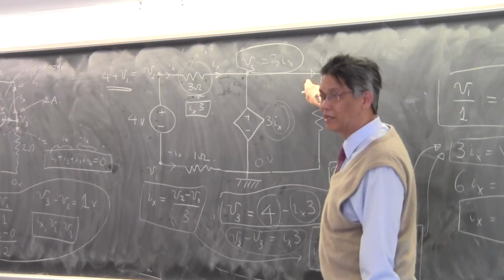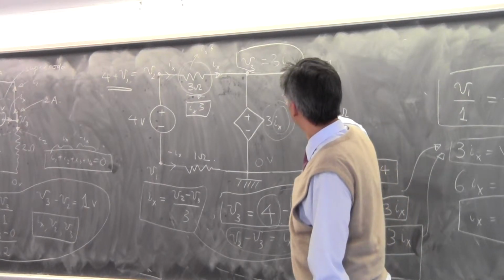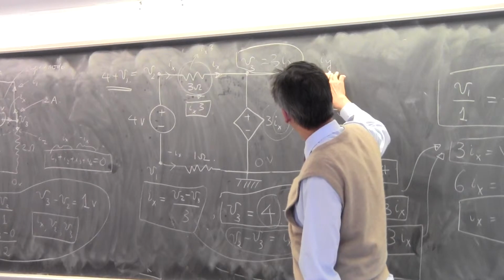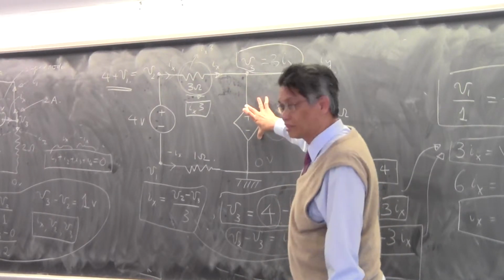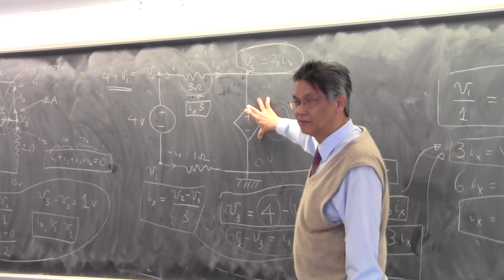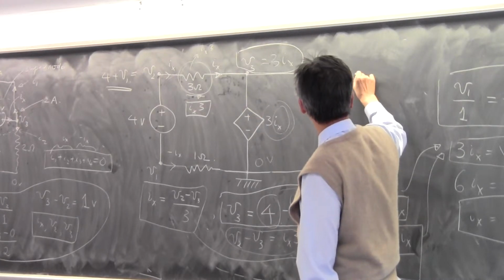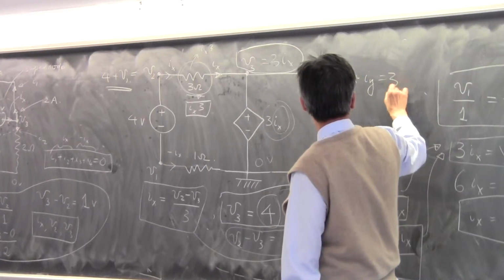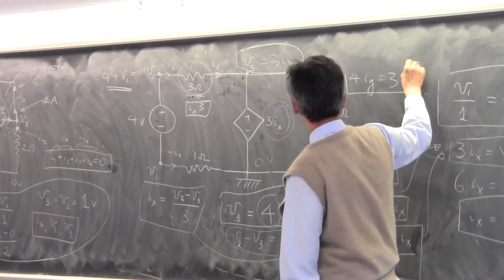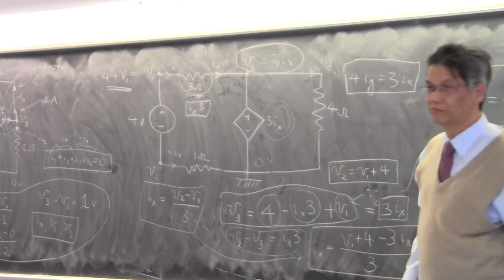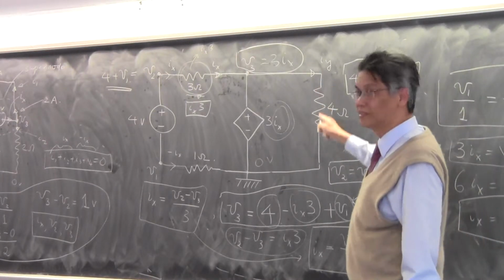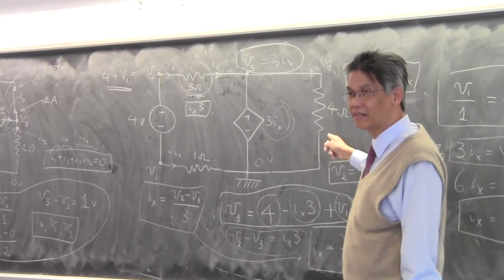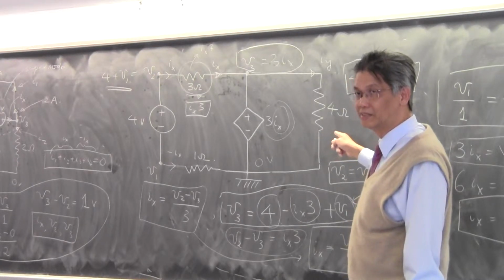It will have Iy flowing in such a way that this voltage drop is always 3Ix. You will have to have 4 times Iy equal to 3 times Ix in order for this problem to be satisfied. So you change your 4 ohms to something else, your Iy will just change to adjust for that.